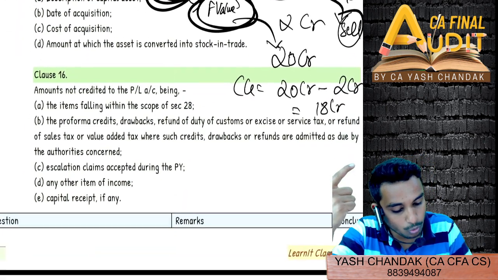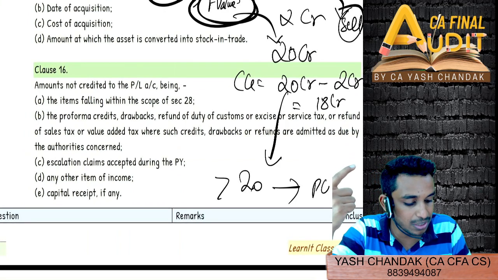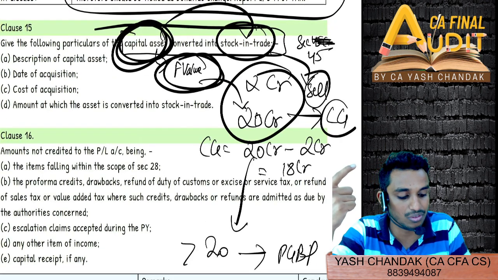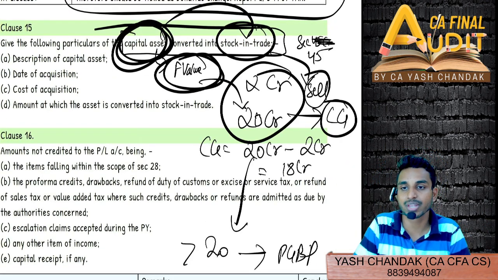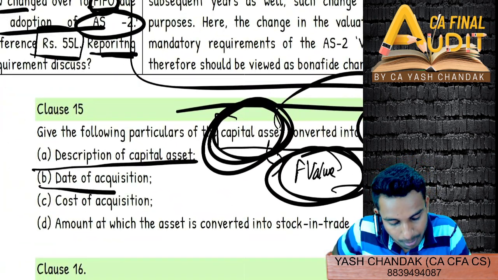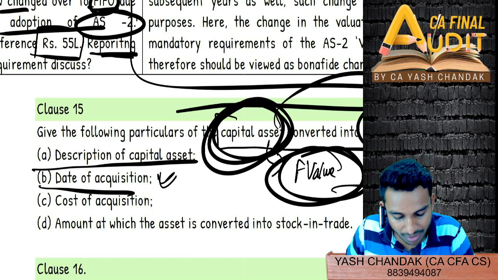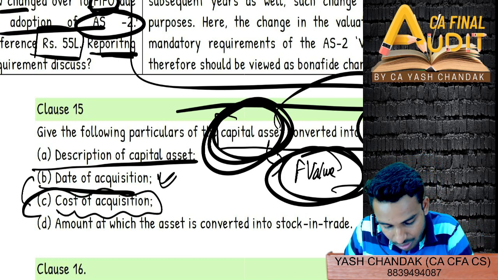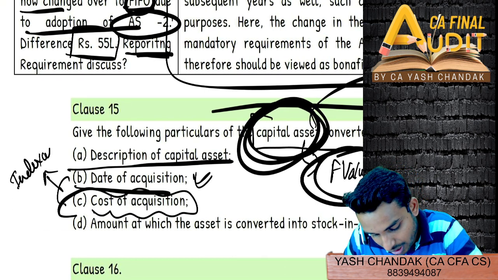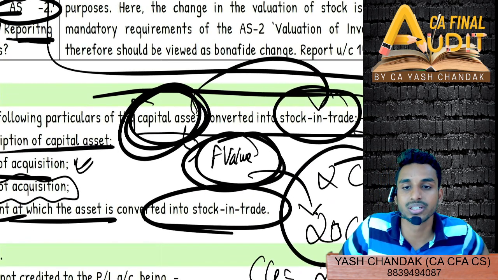Whatever you sell above 20 crores will be taxed under the head PGBP, and till 20 minus 2 crores that will be taxed under the head capital gains. This you might all be aware about, right? Capital asset converted into stock in trade. So all these details we have to specify. Description of capital asset, acquisition date, and cost of acquisition, because these two will decide your indexation, right? And then the amount at which the asset is converted into stock in trade.